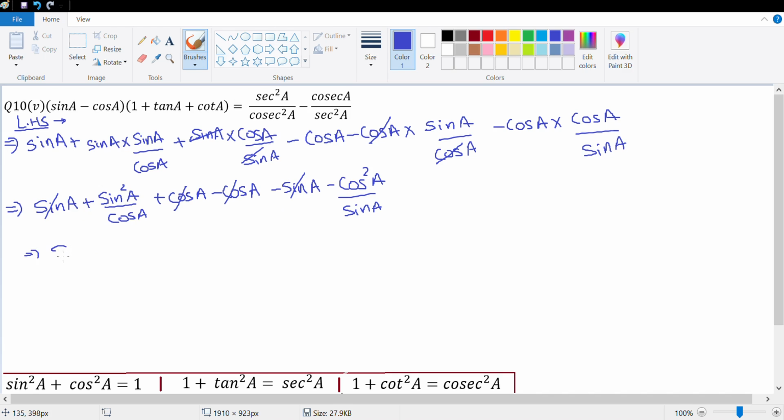So this is sin square A upon cos A minus cos square A upon sin A.